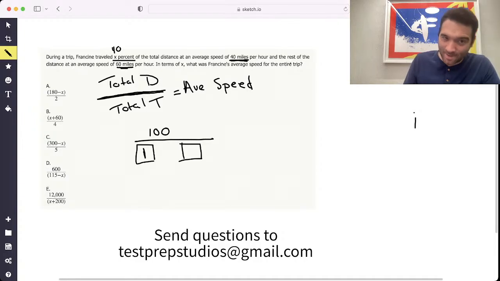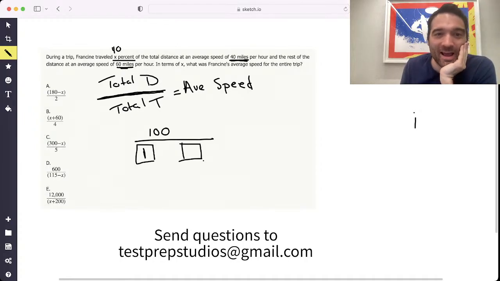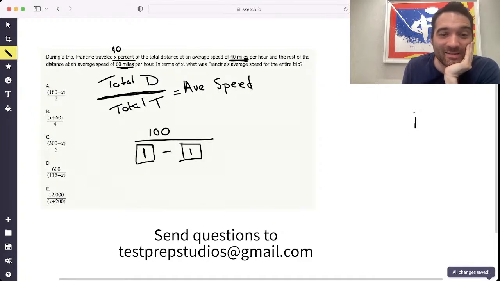So that's 60 miles at 60 miles an hour, right? How many hours is that going to take her? Well, it's going to take her another 1 hour. So all I'm going to do is add these together, and what I get is 100 divided by 2, or 50.